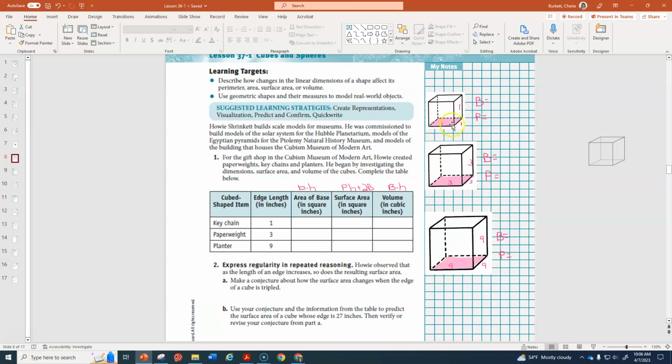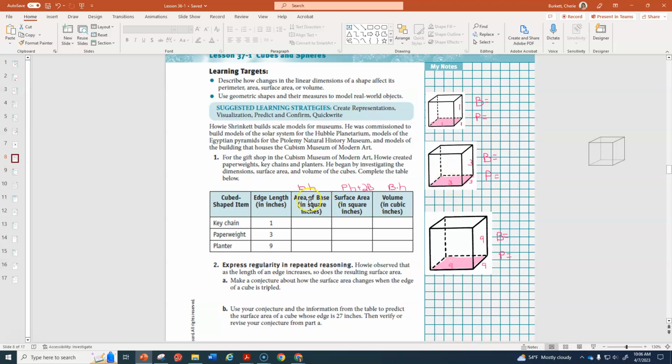This one is 1 inch by 1 inch by 1 inch, and they want us to find all of these pieces of information. I've already written the formulas up here, and I've already given you a picture. The pink stuff down here at the bottom is the area of the base.